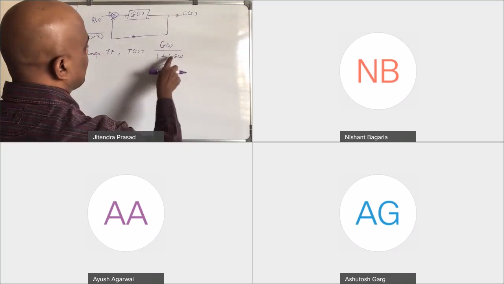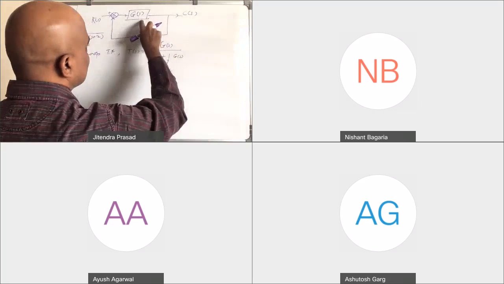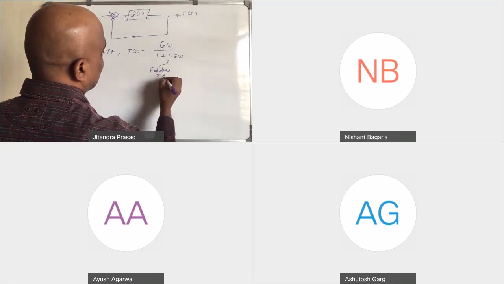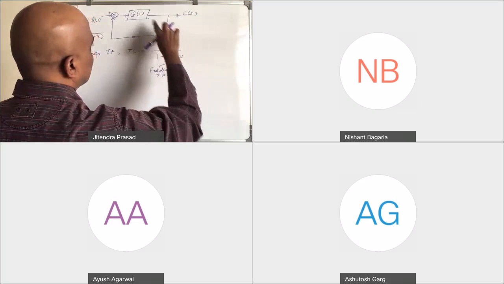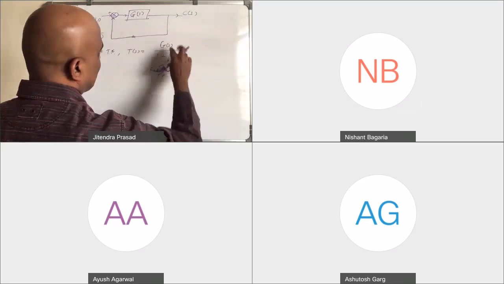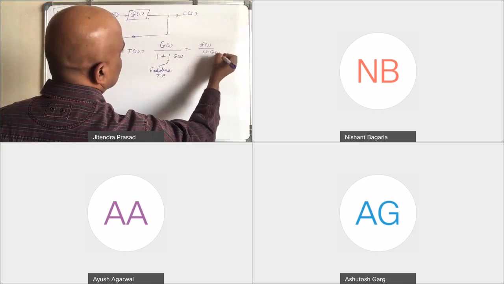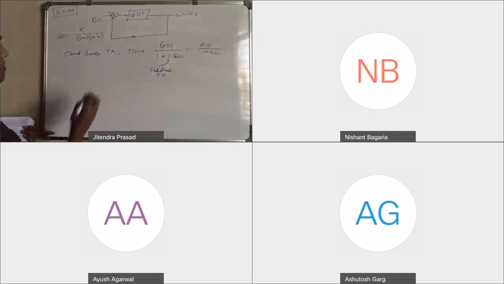In any case, if GS is given here, this one is the feedback transfer function and this one is the feed forward transfer function, so this becomes GS over 1 plus GS only.